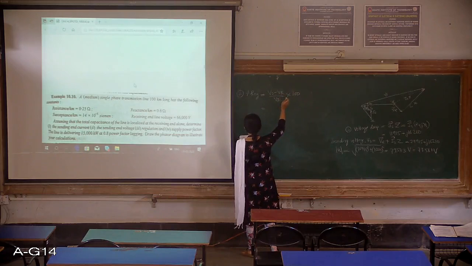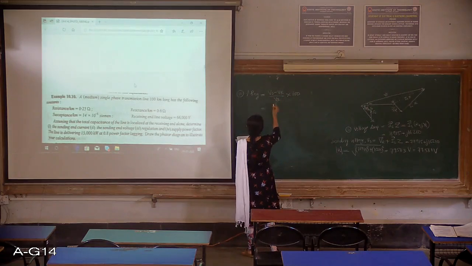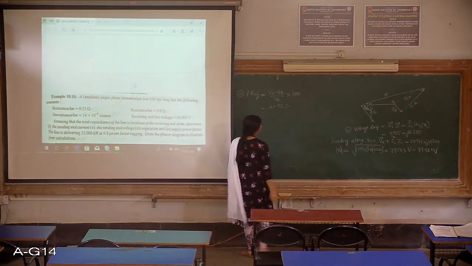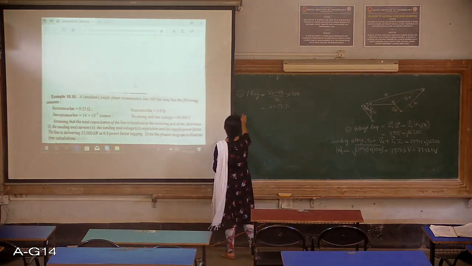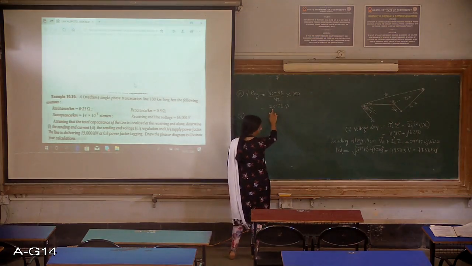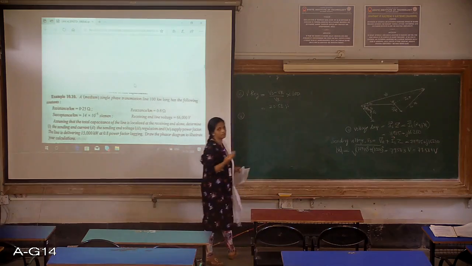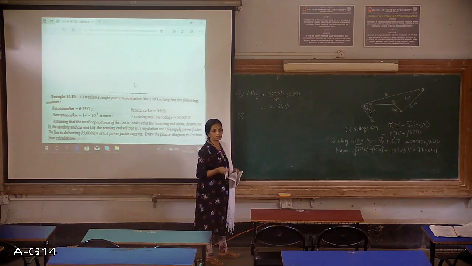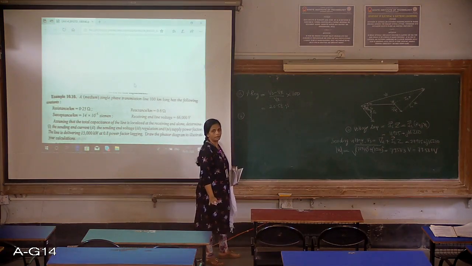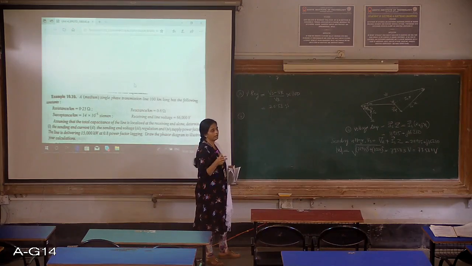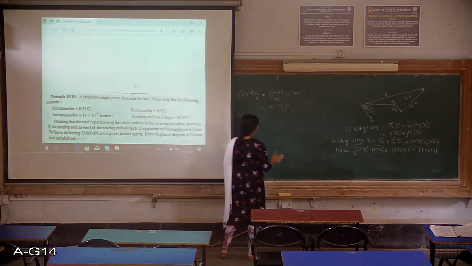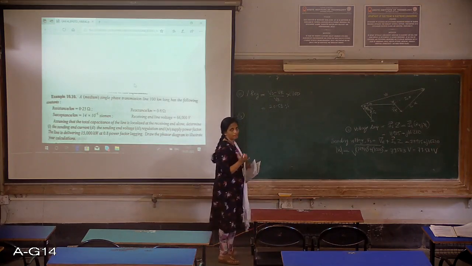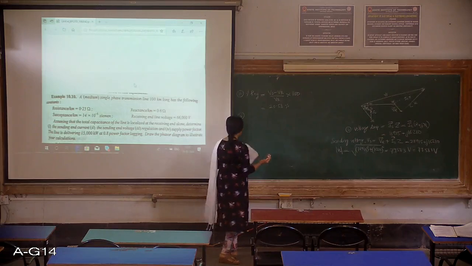Substitute receiving end voltage as 66,000. The value comes out to be 20.58%. It should be low. If you are getting an answer somewhere around 90 plus, there is definitely some error in your calculation, or the line is miserably designed. It will be around this range only, up to 40-45% is maximum.